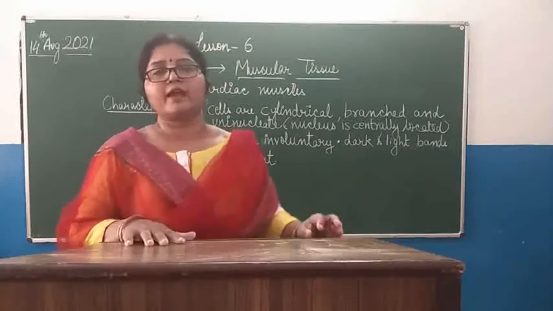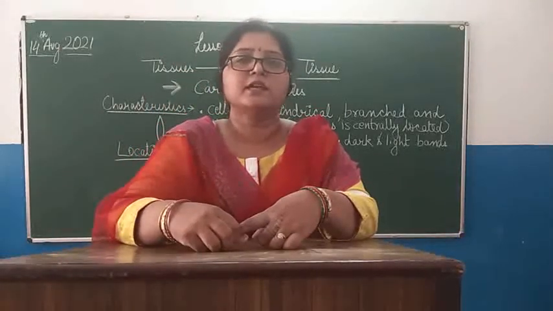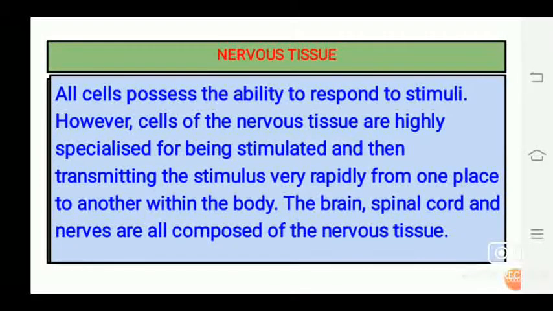Now friends, we have another type of animal tissue, which is nervous tissue. The fourth type of animal tissue is nervous tissue. All cells possess the ability to respond to stimuli. Stimuli means anything towards which we react.